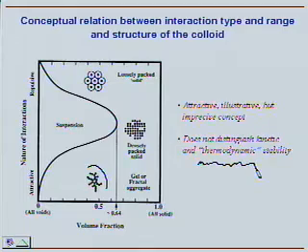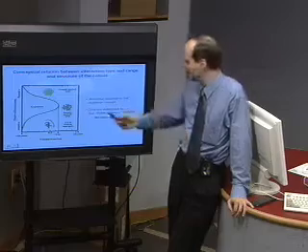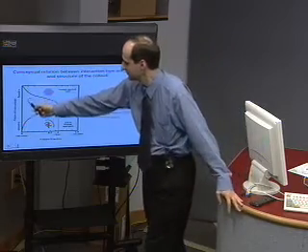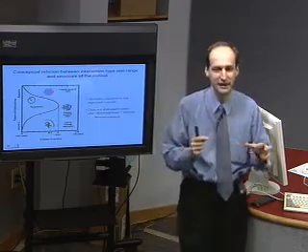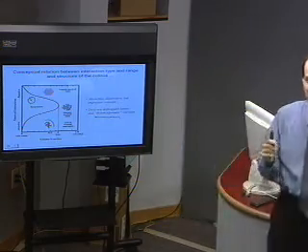Why is it not real thermodynamic stability? Let's say you are here in this region. Your particles repel each other. They are stable, but I kind of say that this is thermodynamic stability, but I don't really mean that this is true thermodynamic stability.